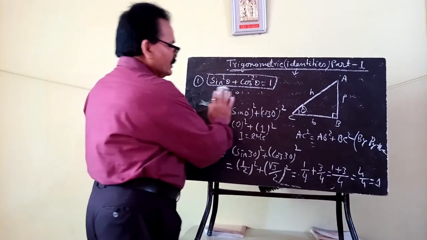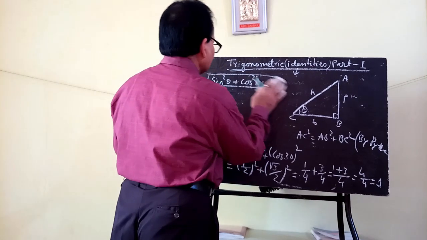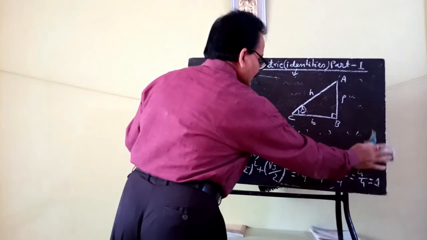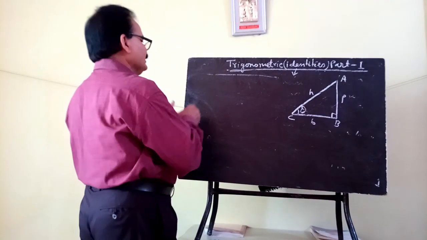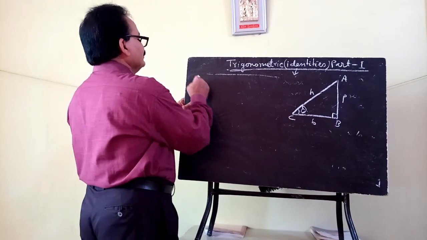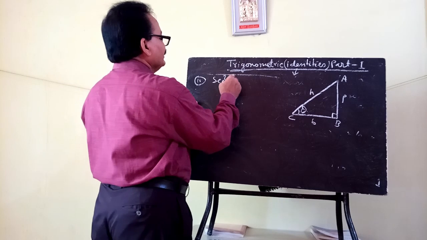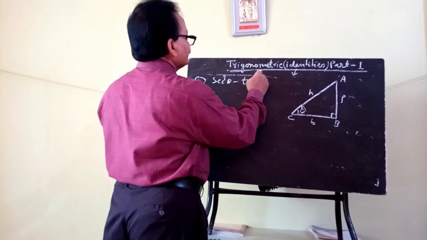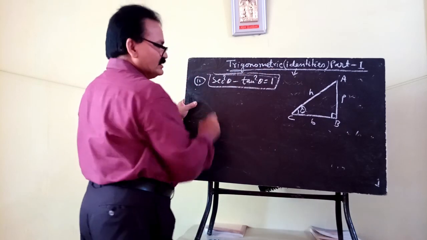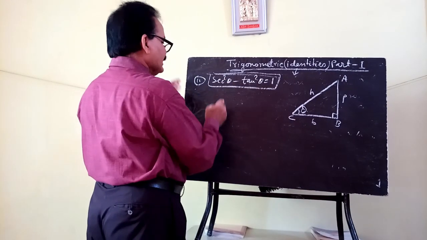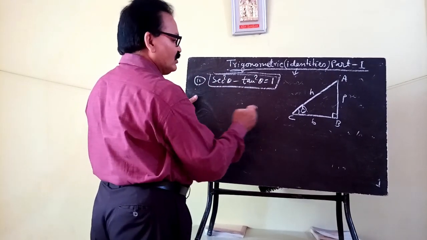Now for the next identity, that is your second identity, we can again verify. Your second identity is sec square theta minus tan square theta equal to 1. So in this case, sec means reciprocal of cos.